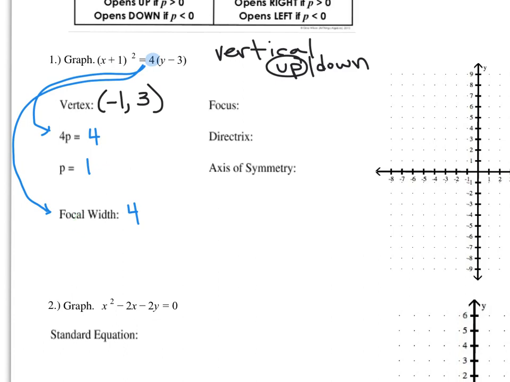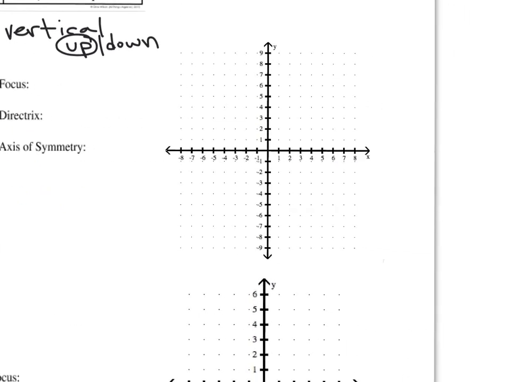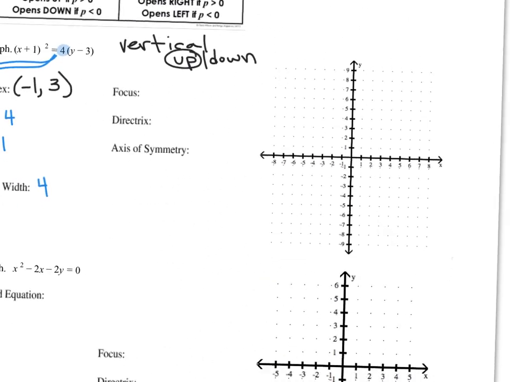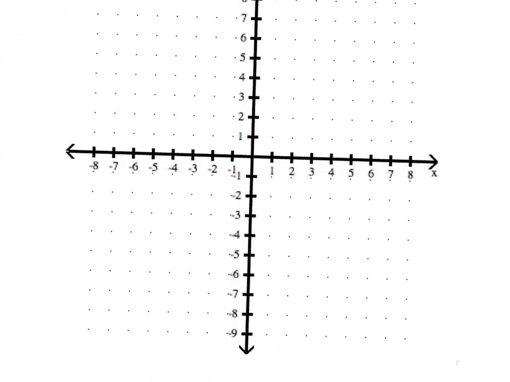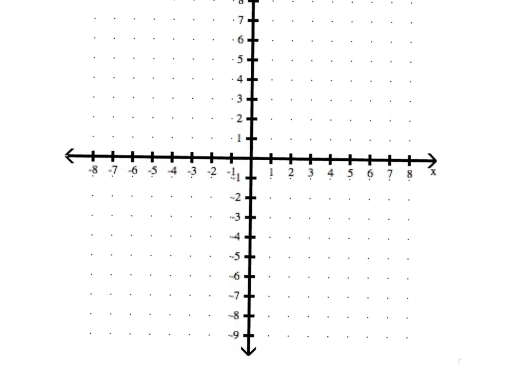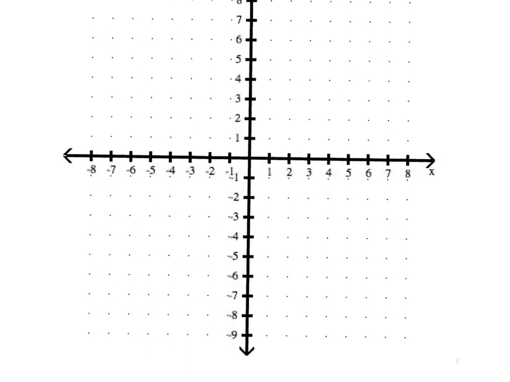Now from here, I'm not going to do anything else until I plot my points. So I'm going to scoot over to my graph and plot my vertex. What was it? -1, 3. Go ahead and label that with a V for vertex. We know this opens up, so our focus is going to be up above the vertex.